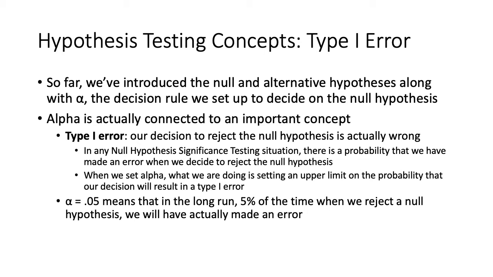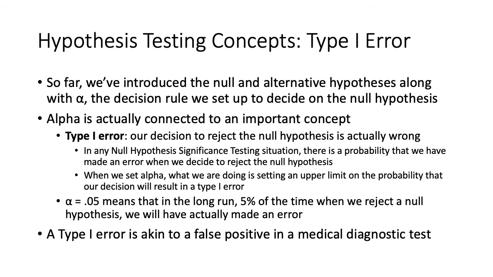When we set alpha of 0.05 as our decision criteria, that means that in the long run, if we were to do this experiment over and over again, 5% of the time, when it came up as a reject decision, that actually would be wrong. This is akin to medical diagnostic testing, where a type 1 error is a false positive. The false positive rate in a medical diagnostic test is akin to the type 1 error rate in an experiment. We try to keep this low.